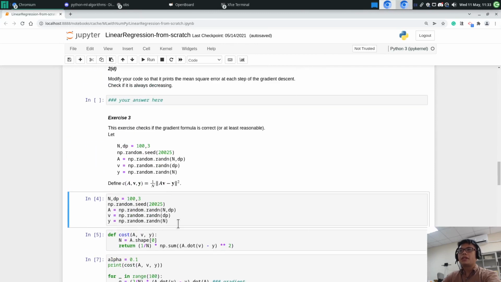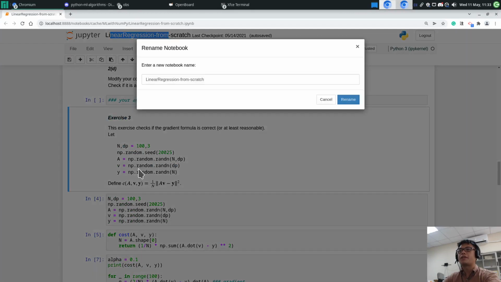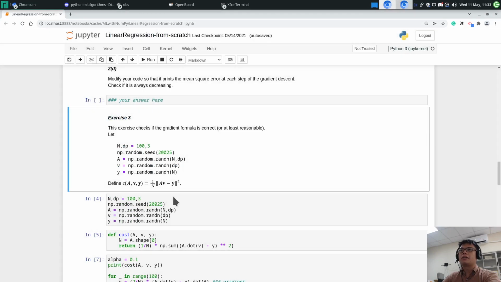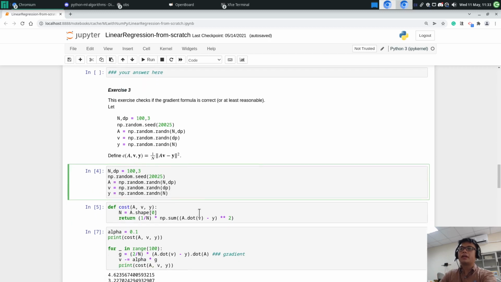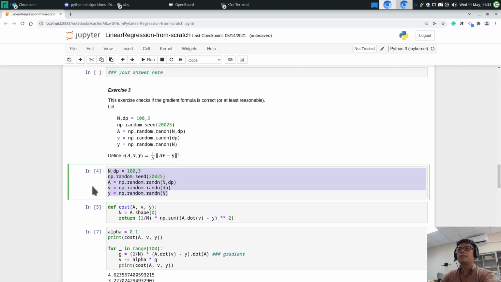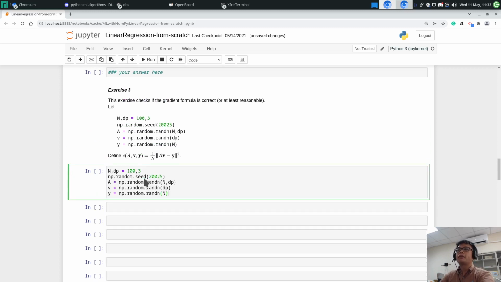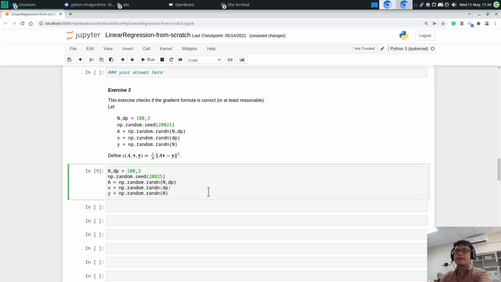So I'm going to use some of the code from exercise number 3 of linear regression from scratch, but it doesn't matter. I will copy this part as well. That's fine. Let me start over. So this is the setting from the problem, and you can imagine that this is just the setup.